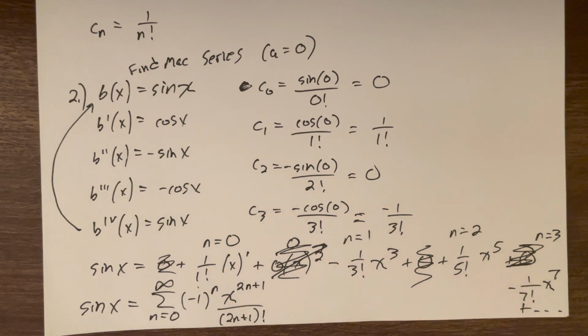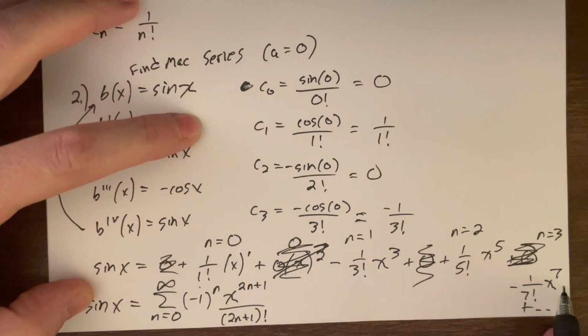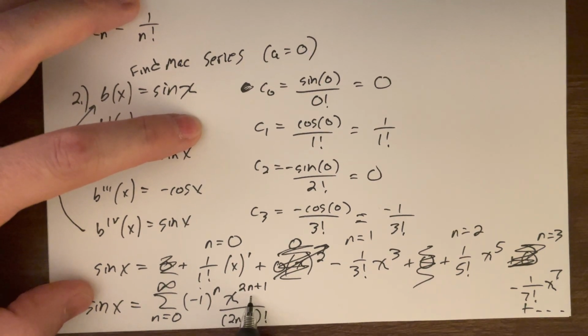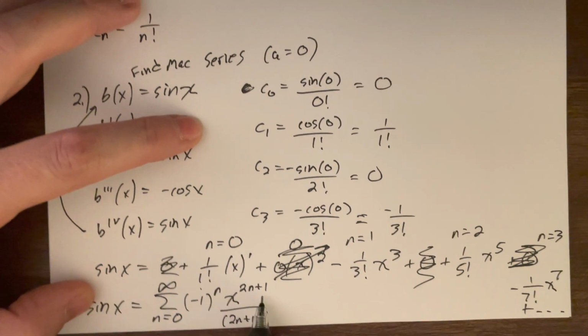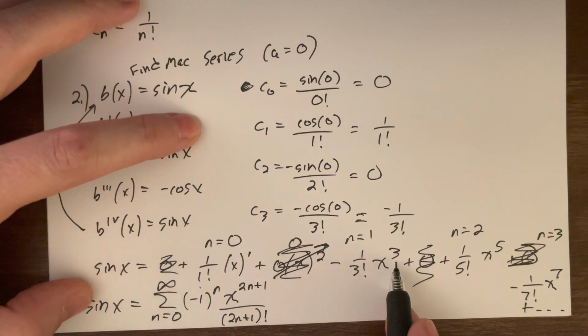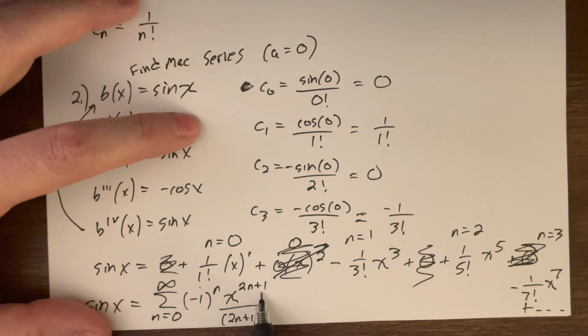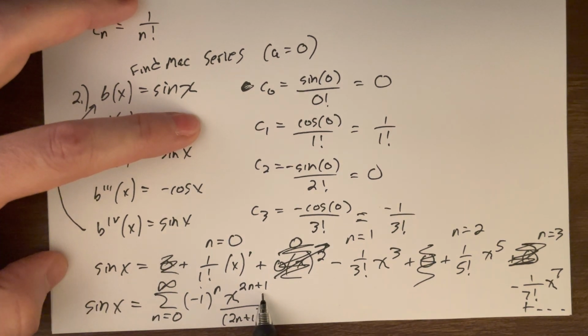But big picture, finding the pattern: 1 to 3 to 5 to 7. You keep adding 2, so you need a 2 times n, but then that extra plus 1 to keep everything balanced. If you just had 2n, this would be 0, but it needs to be 1. This would be a 2, but it needs to be a 3. This would be a 4, but needs to be a 5. The plus 1 keeps that balanced.